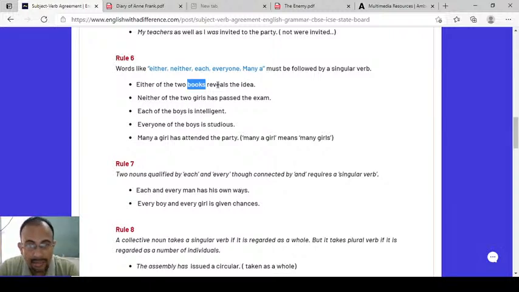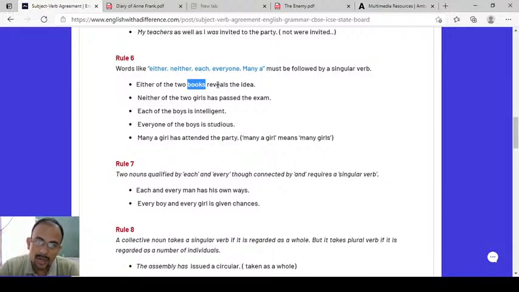But this is not correct. Always remember that whenever there are words like either, neither, each, everyone, many, the verb is likely to take a singular form, right?